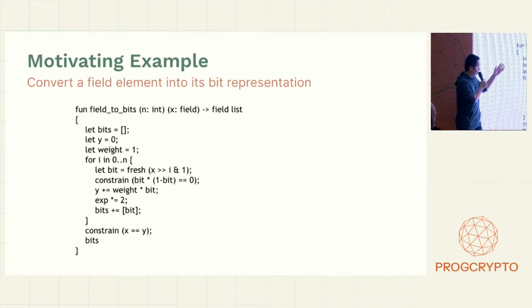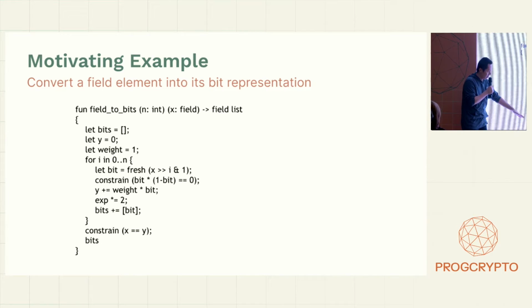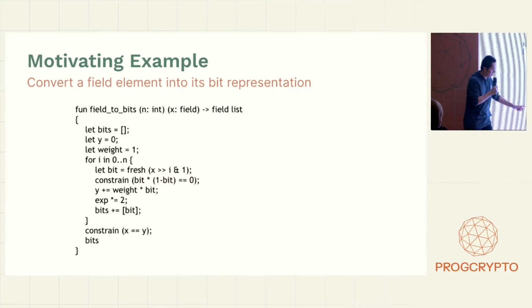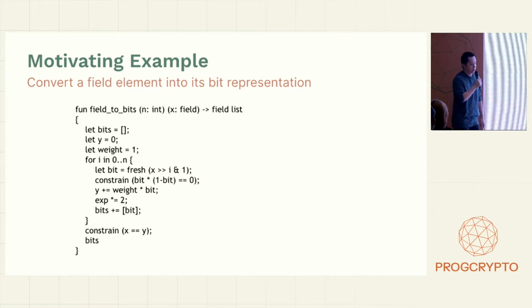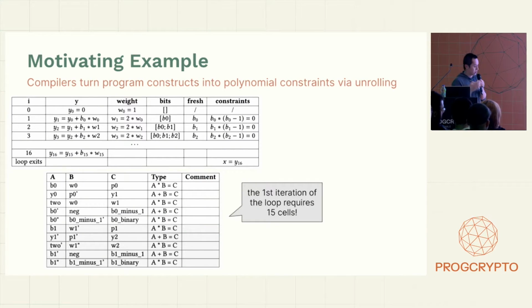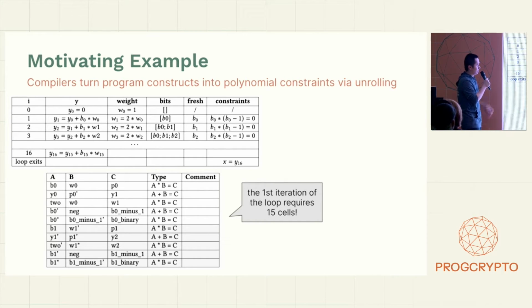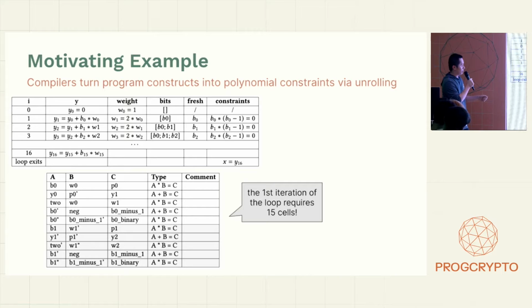As you can see here, usually we define, for example, 3 variables, and we have a for loop to do the conversion. And eventually we have some constraints asserting that the conversion is correct. In some typical Plonkish arithmetization, this kind of program will be compiled down and generate a gigantic table.